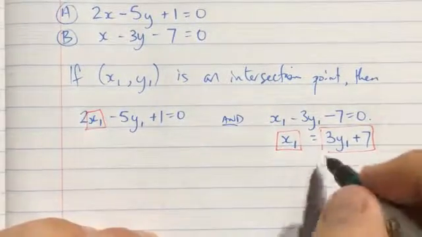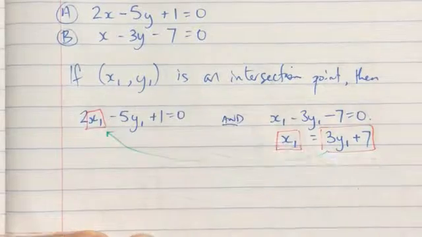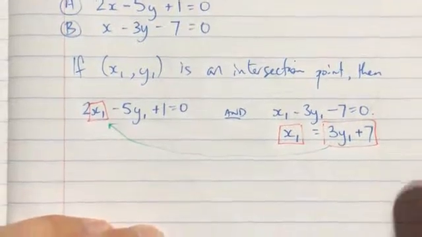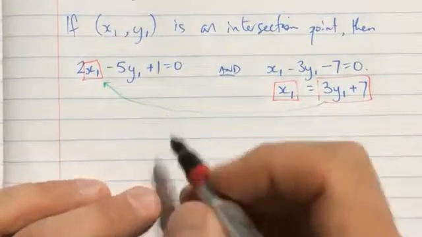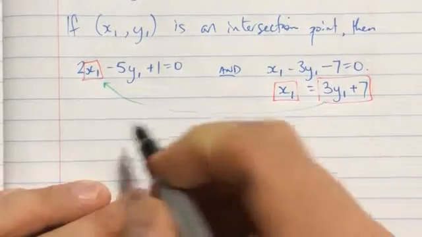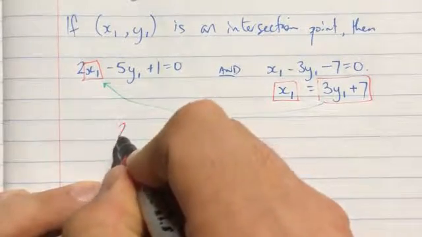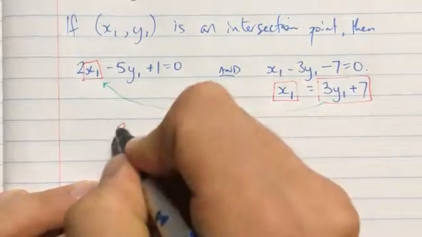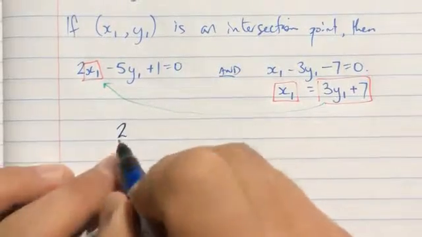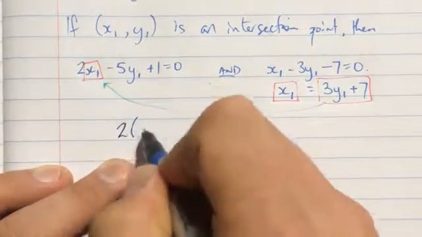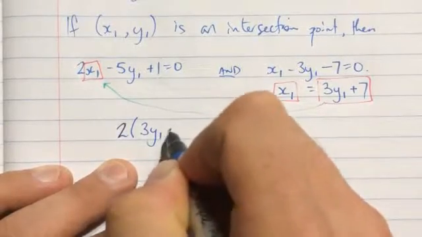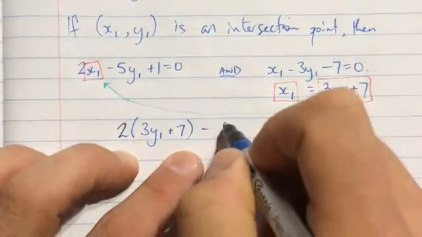So that's the substitution that I'm making in this case, just because it's convenient. It could just as easily have been a substitution for y1 if it was more convenient. And so, putting those together, oops, sorry, wrong color. There we go. 2 times x1, but instead of saying x1, I'm going to say 3y1 plus 7. That's the substitution.